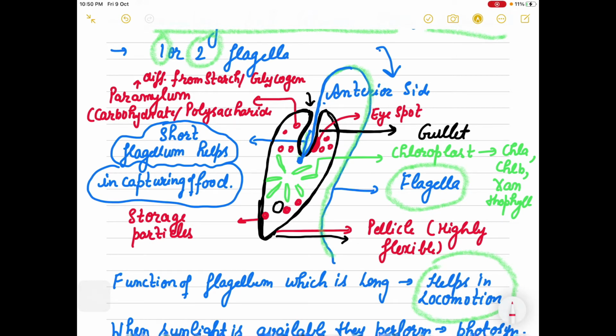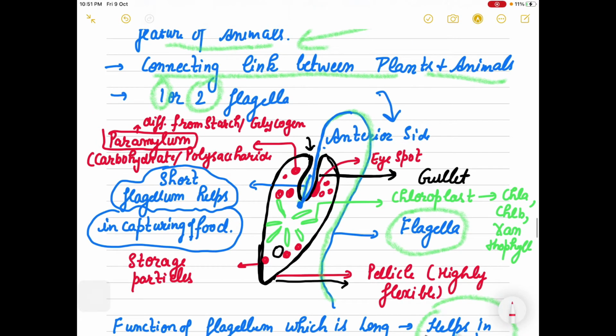These are the storage particles, and these storage particles are known as paramylum. Now here is one small thing you have to keep in mind: in plants, in what form are things stored? Starch, right. In animals, glycogen, right? But Euglena is neither having starch nor glycogen, it is having paramylum as the storage particles.